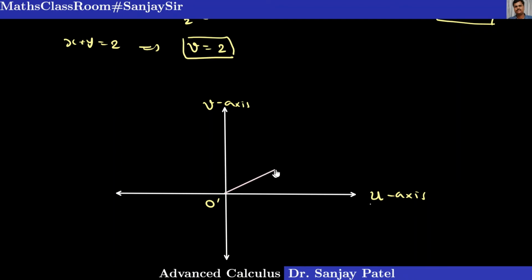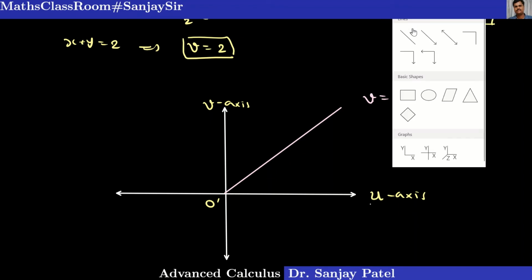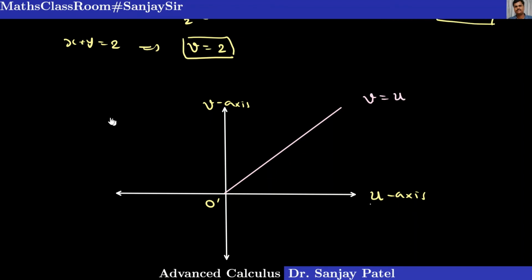So this is a straight line given by v is equal to u. And the second line I am taking as v equal to minus u. So this is my line v is equal to minus u.